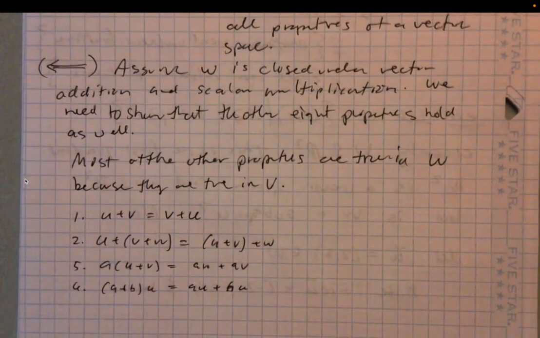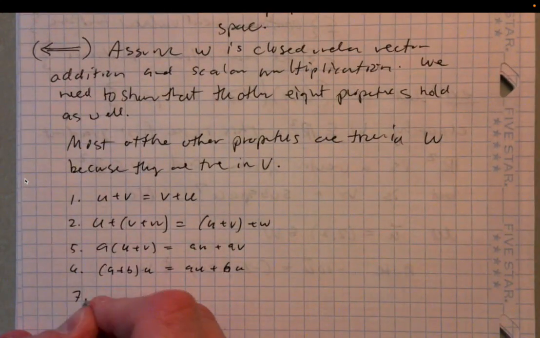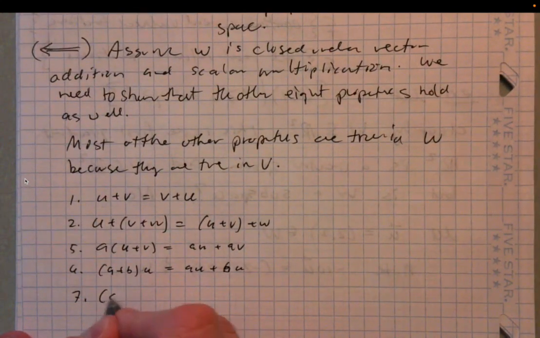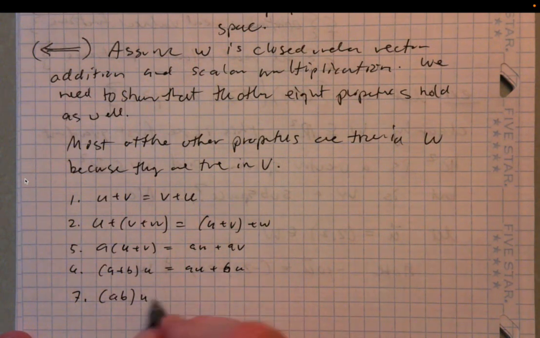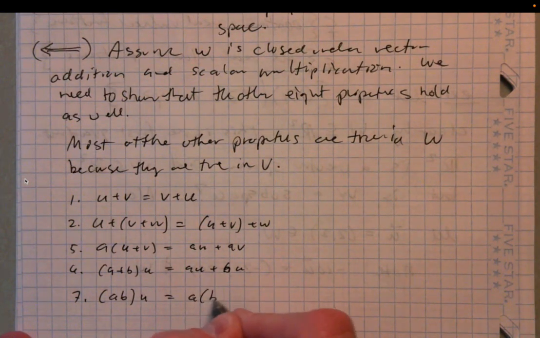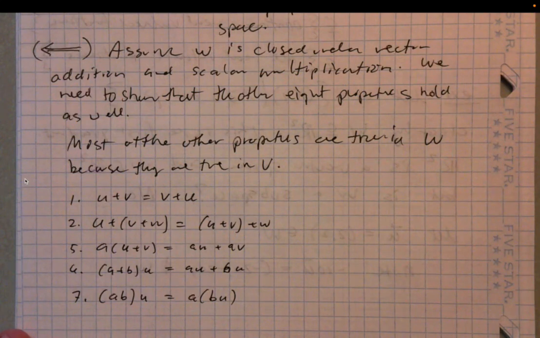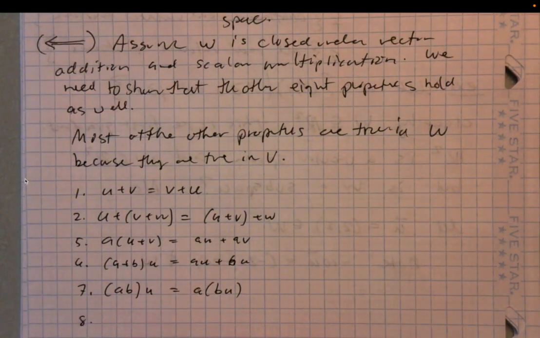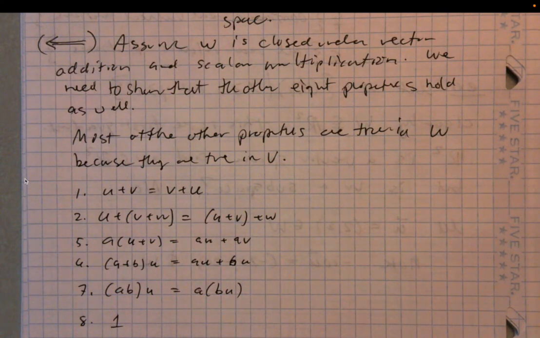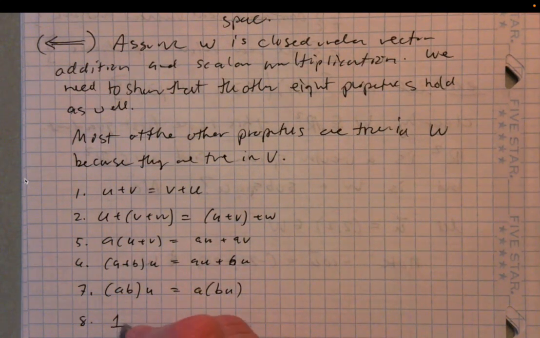And we get 7 for free. 7 says a times (b times u) is (ab) times u, another kind of associativity. And then we get the scalar multiplication identity, 1 times u equals u.